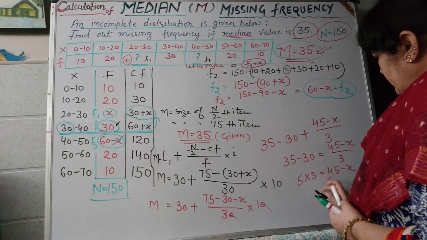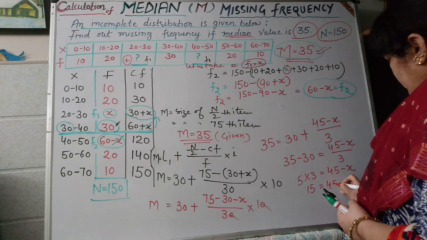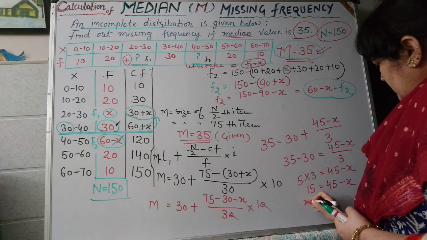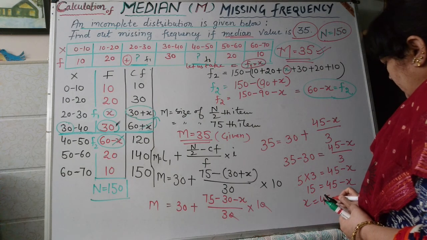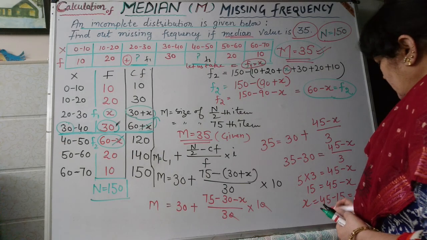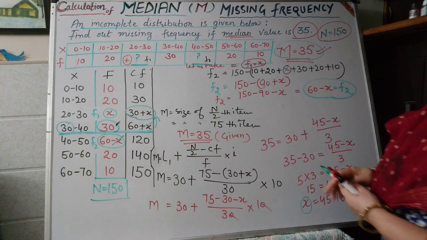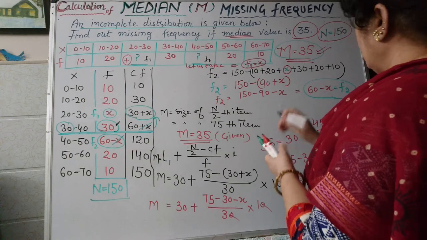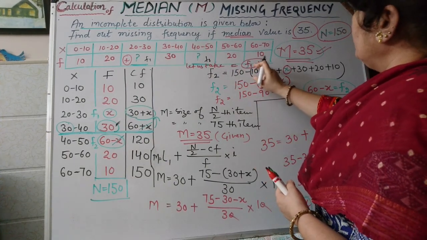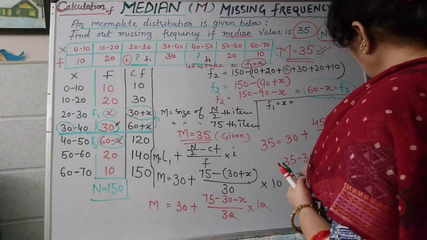So this will be 15 is equal to 45 minus x, or x is equal to 45 minus 15 is equal to 30. So we have calculated the value of x, and we had taken x as F1. So the value of F1 is equal to x is equal to 30.